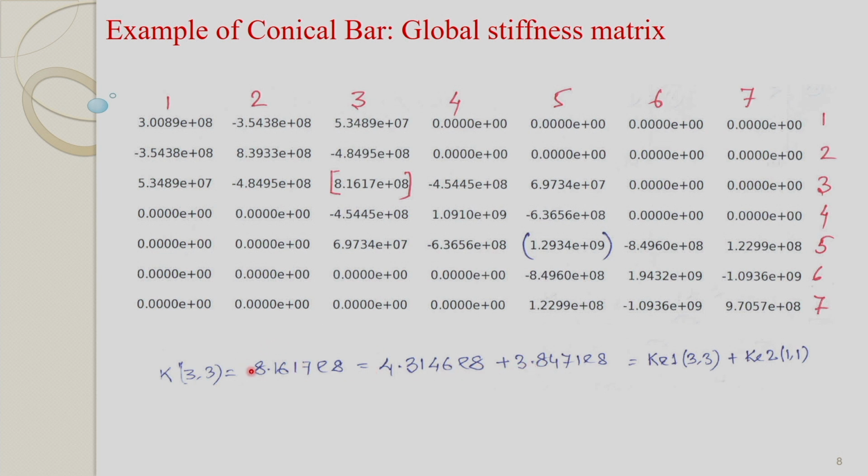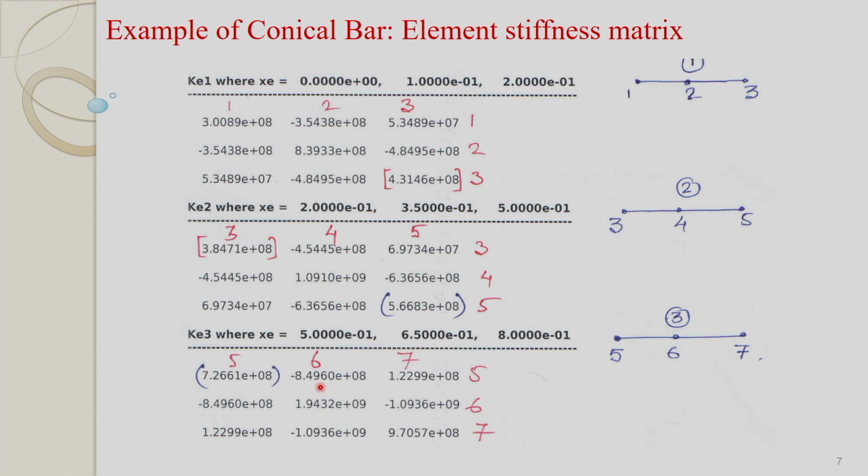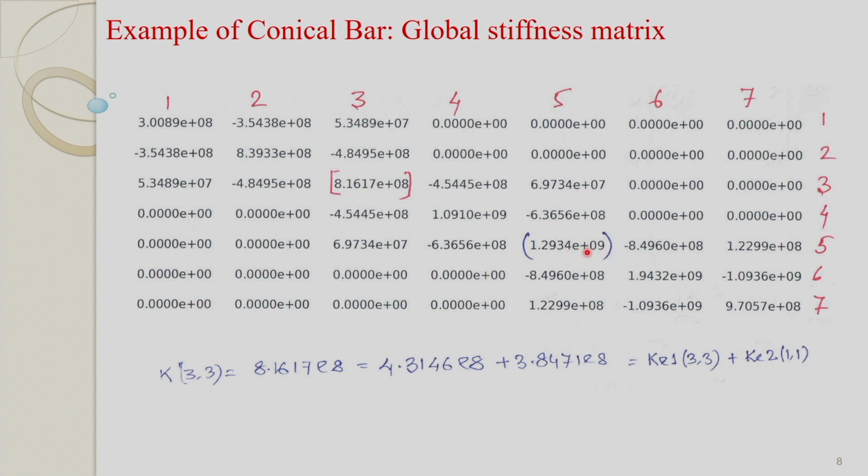So, this is our K3 comma 3 after assembly. Similarly, this 5.6683 10 to the power 8 and 7.2661 10 to the power 8 will be added in assembly to get K 5 comma 5. So, this is our global stiffness matrix.